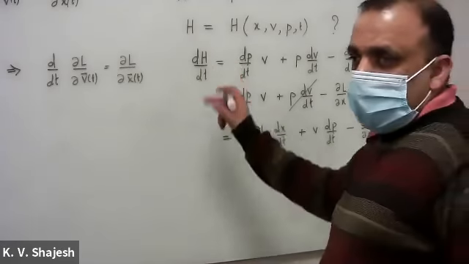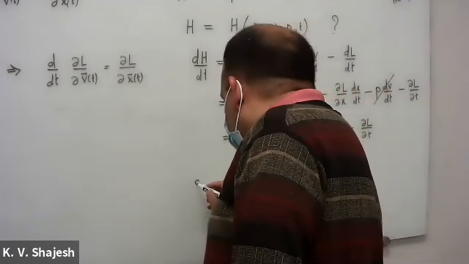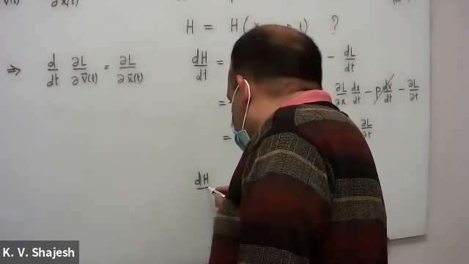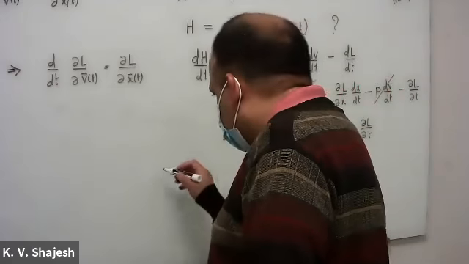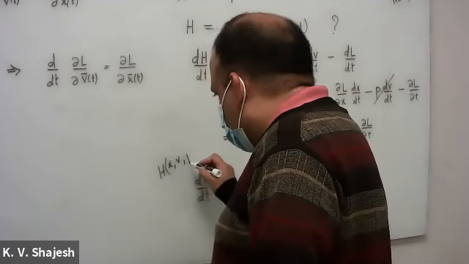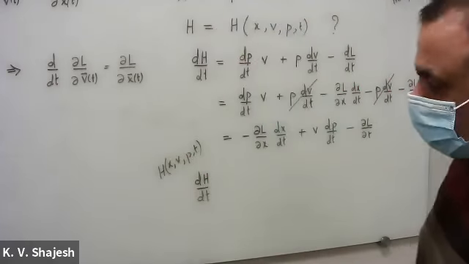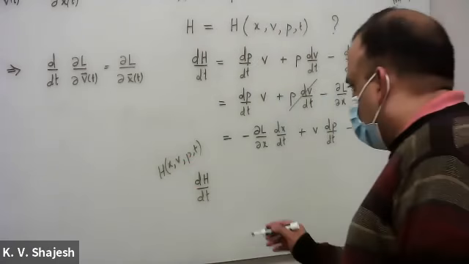If I had a total time derivative of H, and if I were to presume that I don't know what it depends on, so I say it could depend on all three, right? But we are going to show that it doesn't depend on this v. In general, it could depend on all.